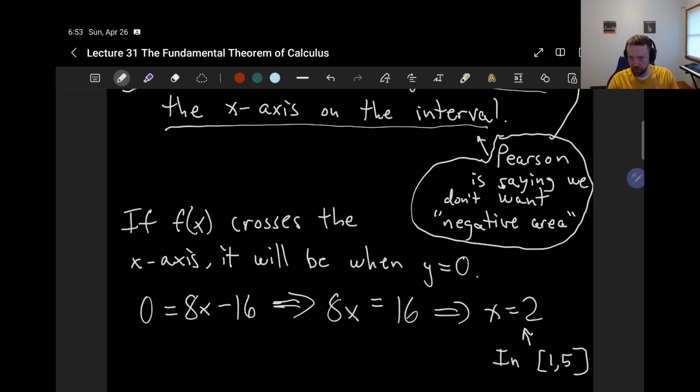So that means we're going to have a region below the x-axis and a region above. And if I merely took the definite integral, then we would get the wrong answer because it's going to count that lower part as negative. And I don't want that in this problem.